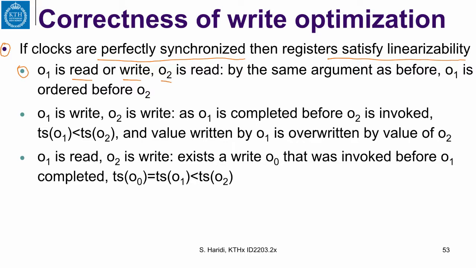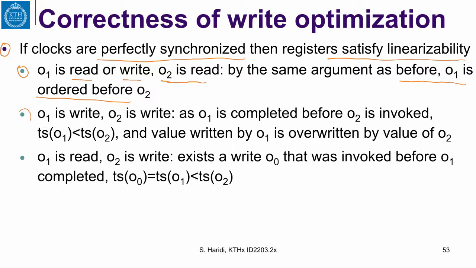In this case, O1 will complete before O2 starts. And therefore, this read will read the timestamp of the latest write. So this is the same argument as before and nothing is changed. And therefore, of course, O1 is ordered before O2.